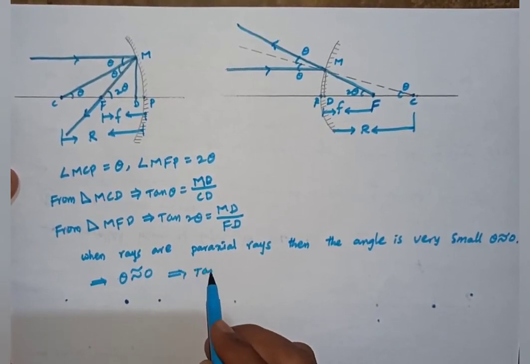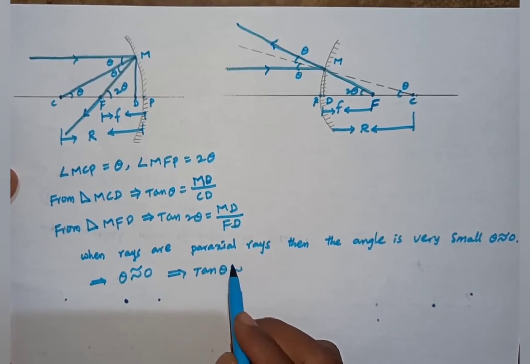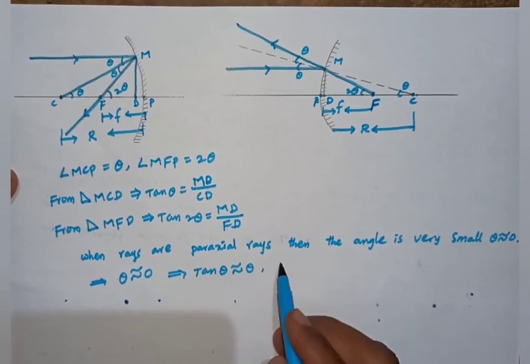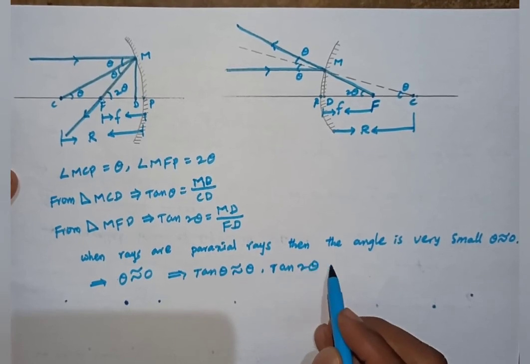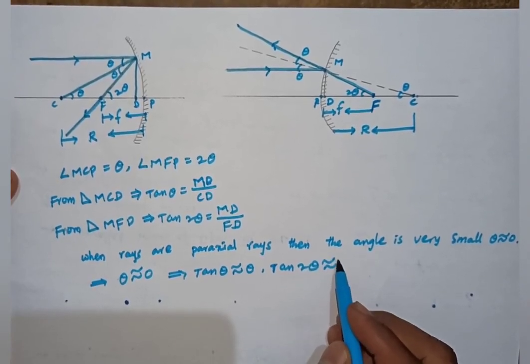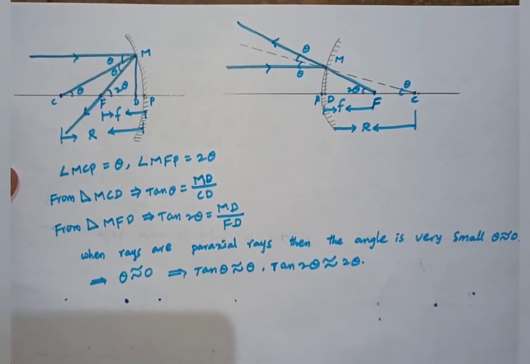Here tan theta is approximately equal to theta, and tan 2 theta is approximately equal to 2 theta.